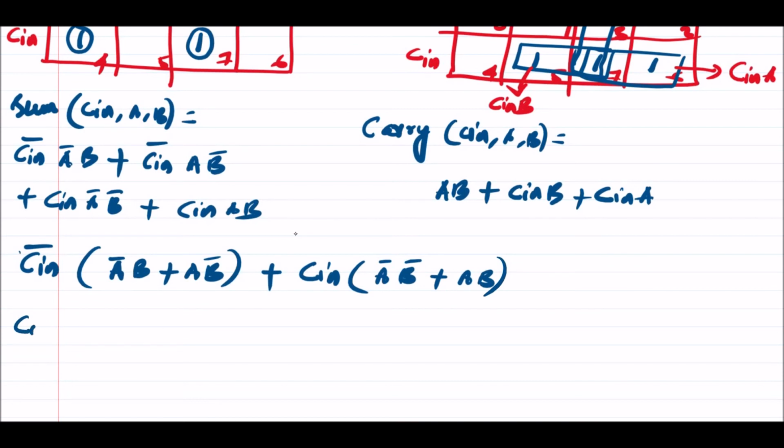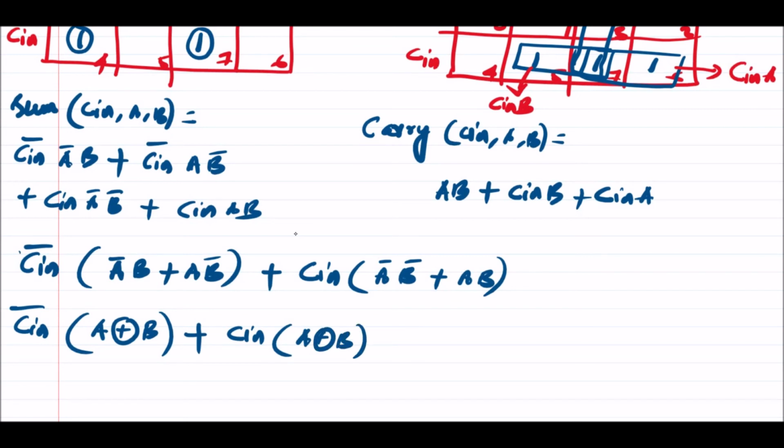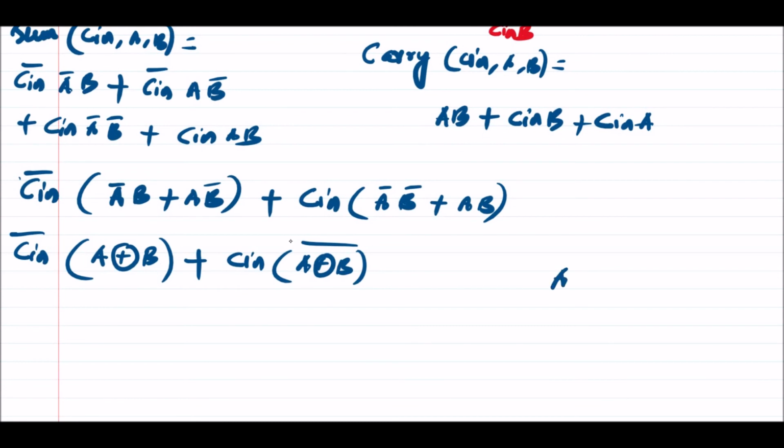Now we know that A complement B plus AB complement is always equal to A XOR B. And we know that A XOR B complement can be written as A XNOR B. Now if we assume A XOR B is equal to D, then A XNOR B can be written as D complement.